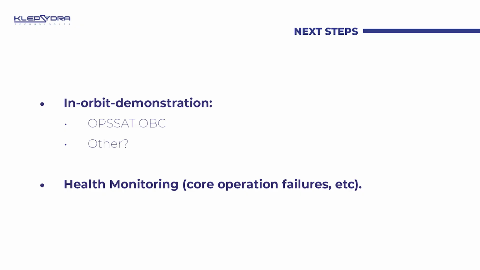After we finish this project, there are some follow-ups we want to do. One of them is an in-orbit demonstration, possibly in the OPSAT onboard computer. This onboard computer has an FPGA where we could potentially program the GR765, so that will be an option.